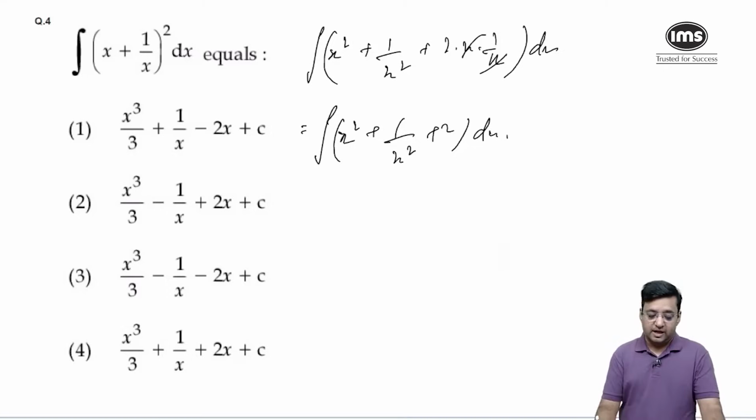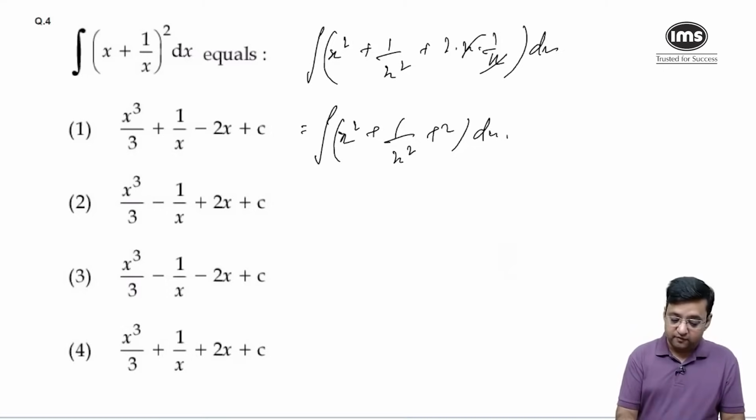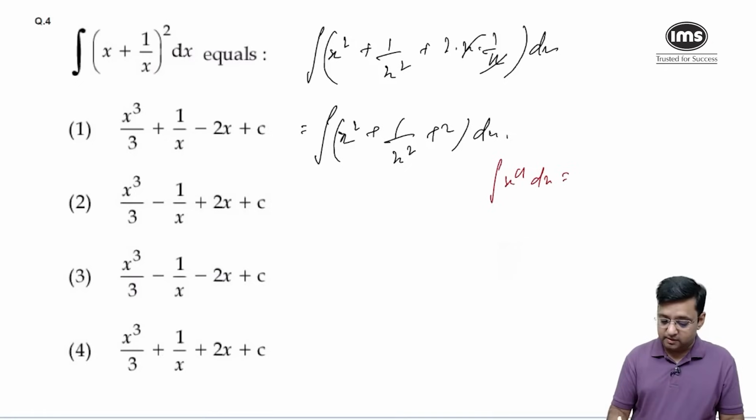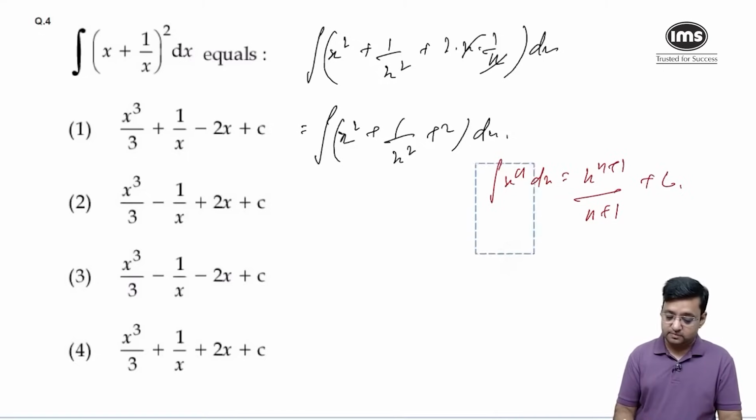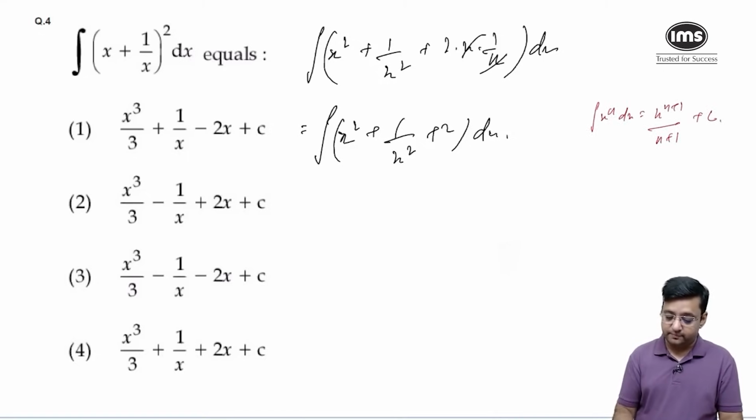I think all of you are aware of the formula where the integral of x^n dx becomes x^(n+1) by n+1 plus c, correct? When you apply this formula, this will become x cubed by 3.